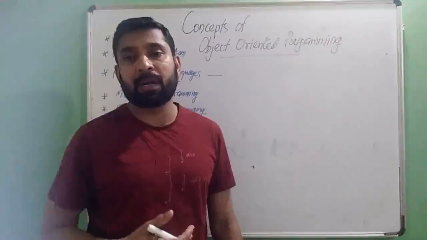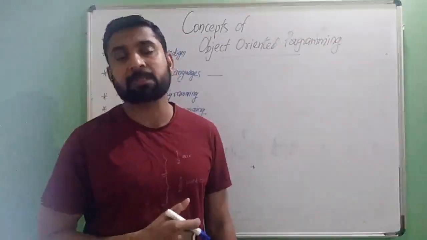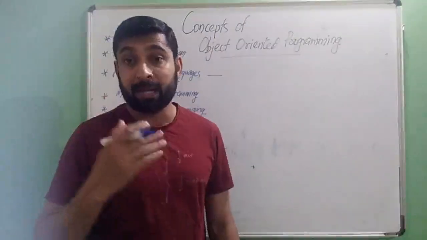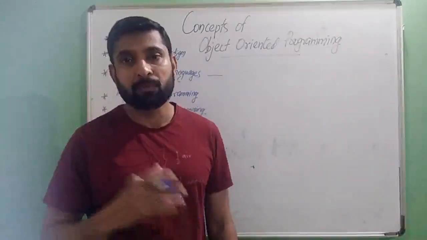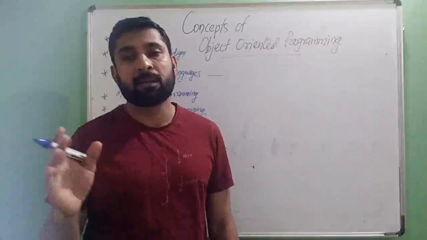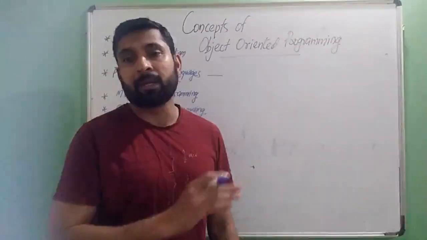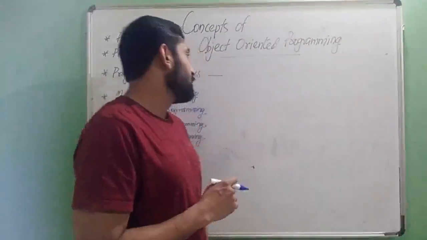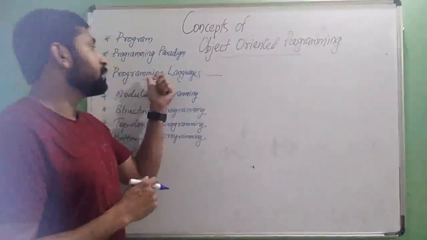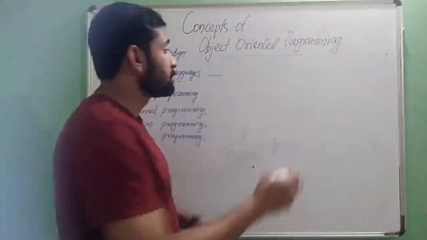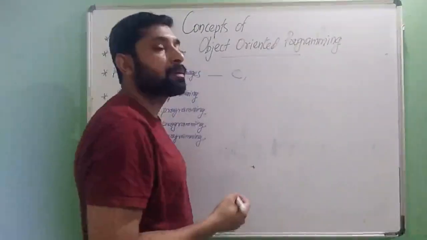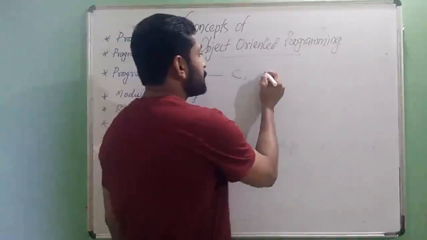We have middle level languages like assembly level languages, and we use high level languages, which use some English words and usually mathematical notations for writing programs. Such programming languages are called high-level programming languages. C is an example of a high-level programming language.